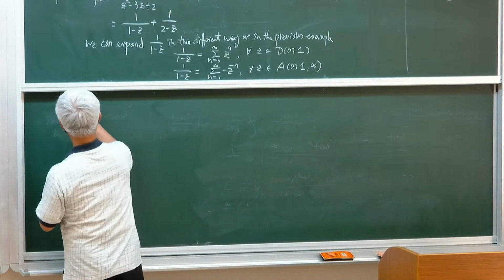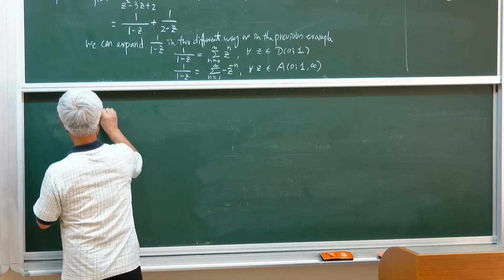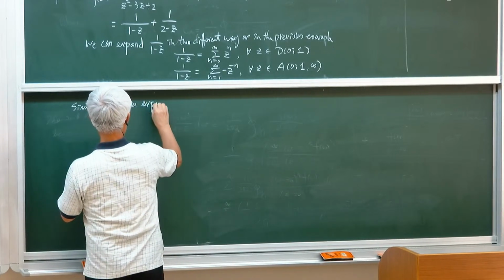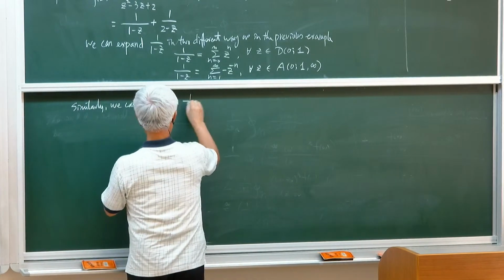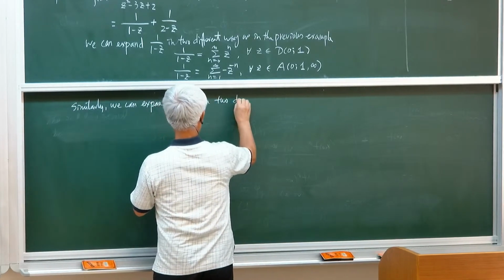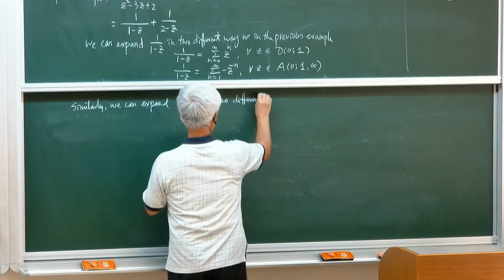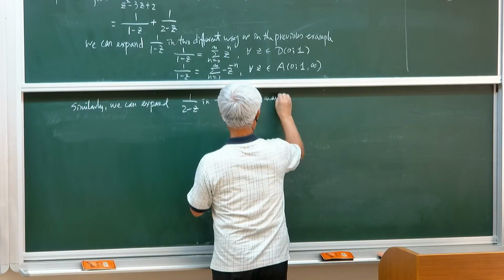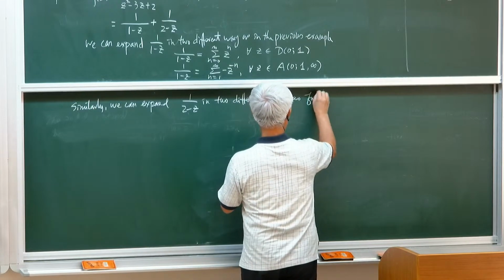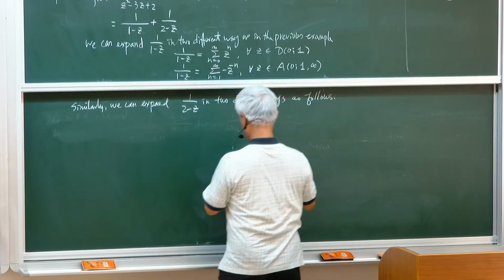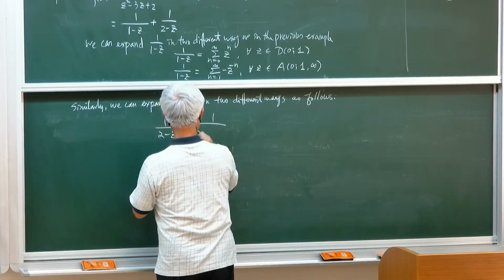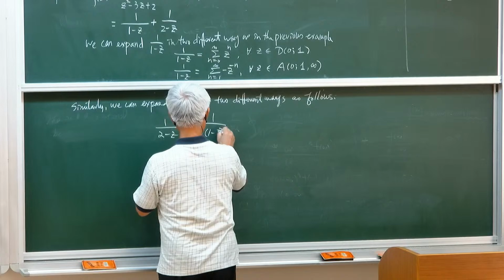And similarly, we can expand 1 over 2 minus z in two different ways, as follows. 1 over 2 minus z is equal to 1 over 2 times 1 over 1 minus z divided by 2.